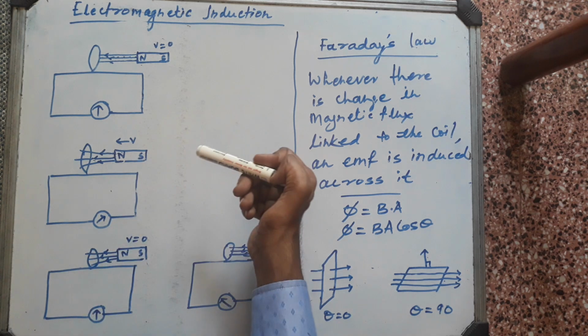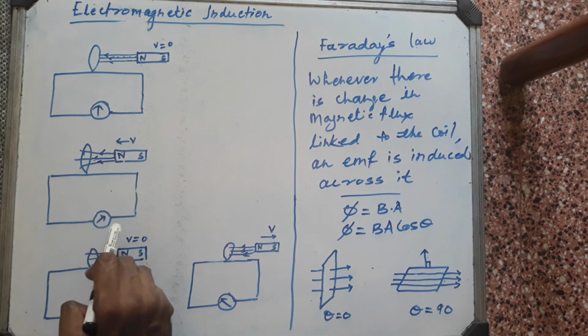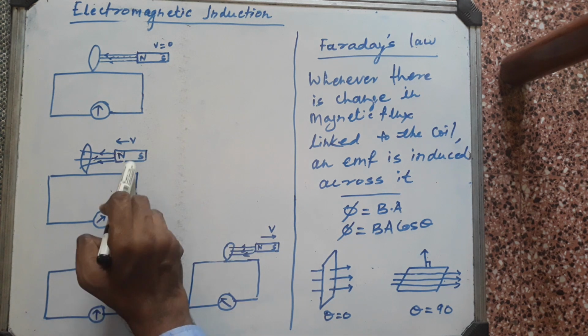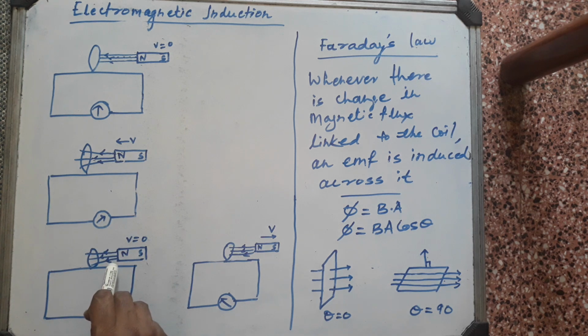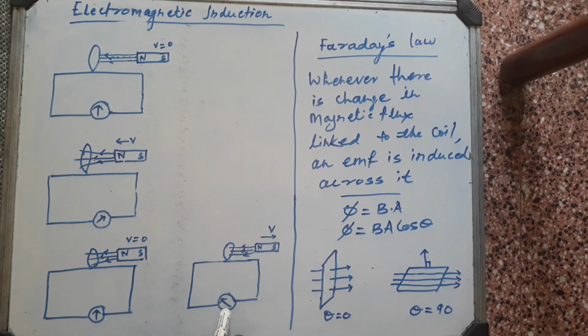That means when the magnet is shifting toward the coil, it shows current, and when it is just kept near the coil, it was observed that suddenly it comes to 0, so there is no current. And again when it is shifted away from the coil, the current flows through the circuit in the opposite direction.